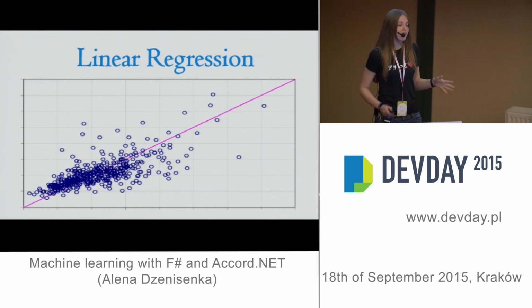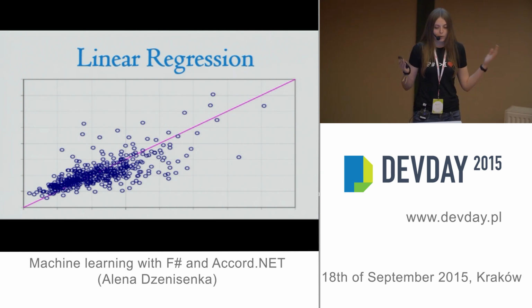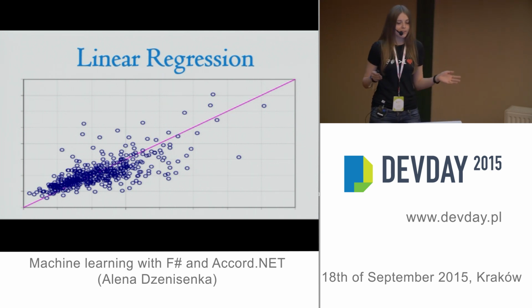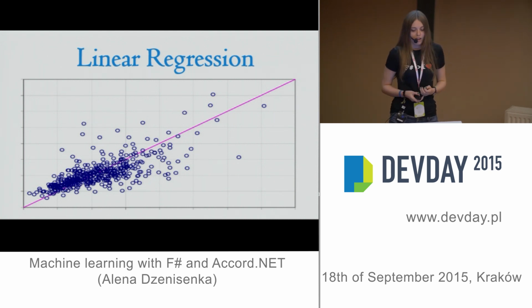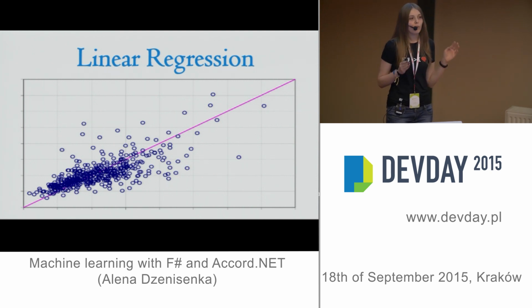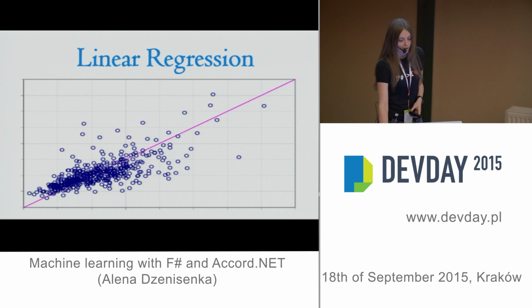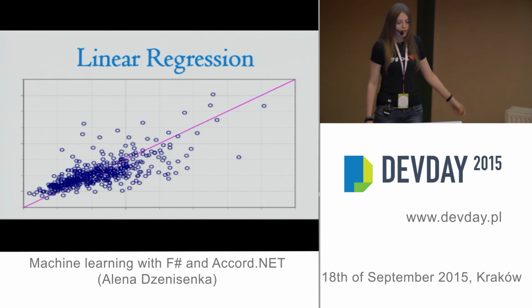The idea of linear regression is to find a function that will fit the training samples in the most optimal way, as you see in the picture. Here, imagine that each training sample represents a point in the picture. So the idea is to draw the line that would fit all points in the best way.